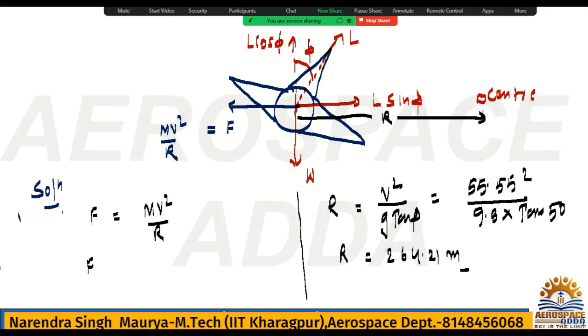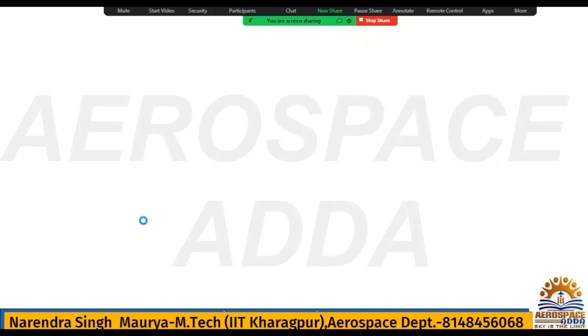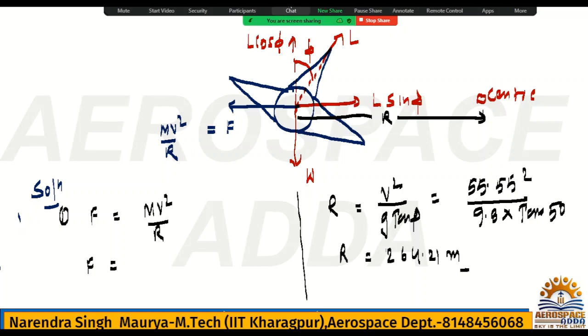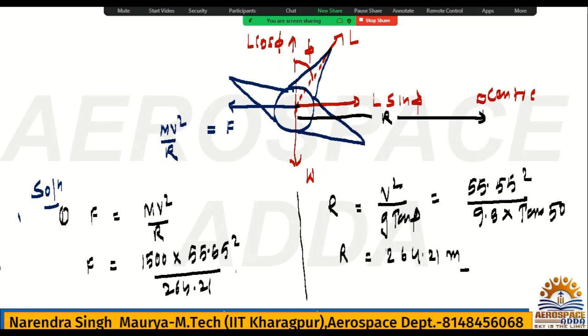Now you calculate the force. This is the first part. What will be F? M is given how much? 1500 kg, yes or no? Yeah, 1500 kg. Velocity is 55.55 square divided by R, which is 264.21.